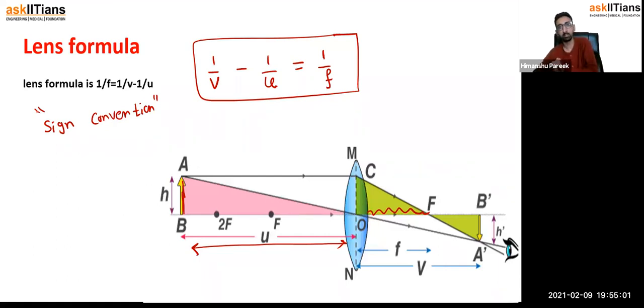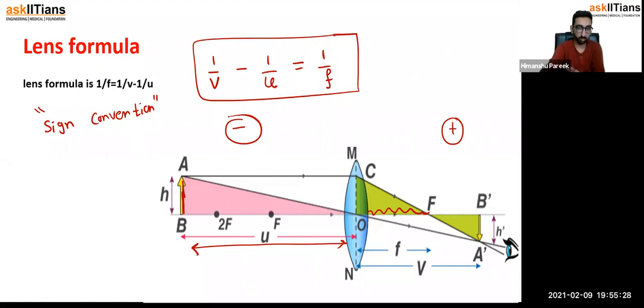You have to make sure that if light rays are going towards right side, then right side is taken as positive, and if light rays are going toward left side, then left side is taken as positive. In this case, the light ray would go right side, so this will be taken as positive, right side of the lens, and hence automatically this would become negative. So that's how we have to use the sign convention.